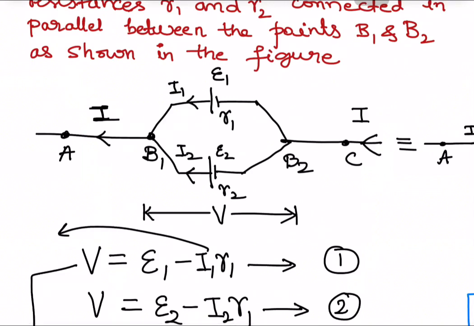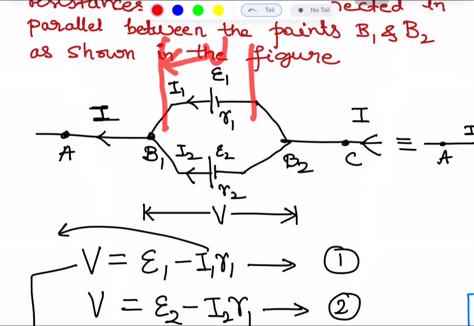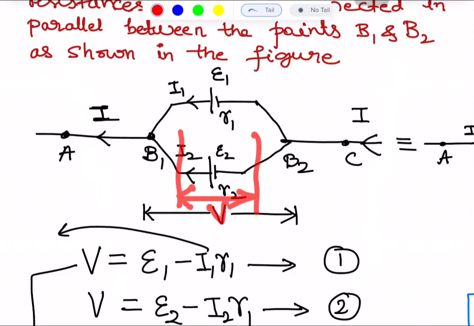Here, let us assume that V is the potential difference between B1 and B2. Because of the parallel combination, the potential difference across the first cell is also V volts, and the potential difference across the second cell is also V volts.